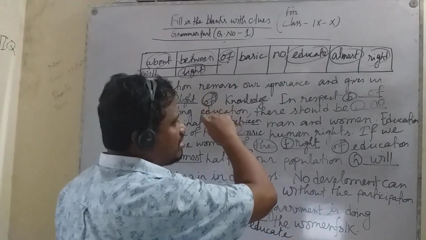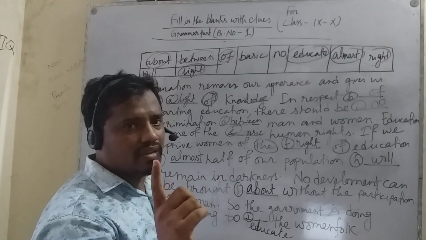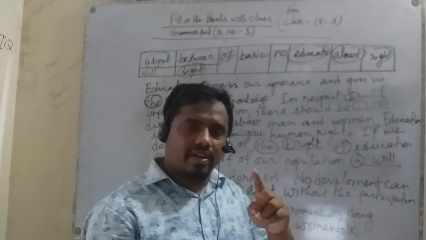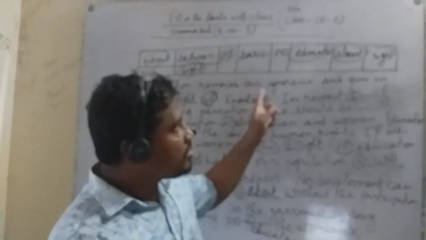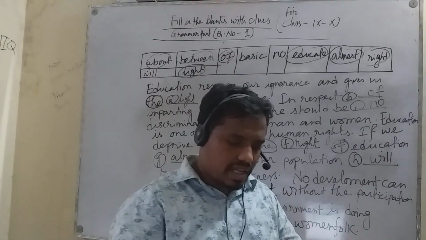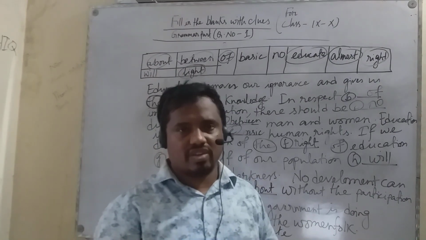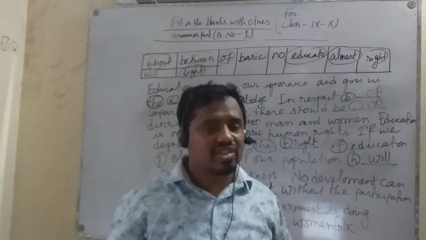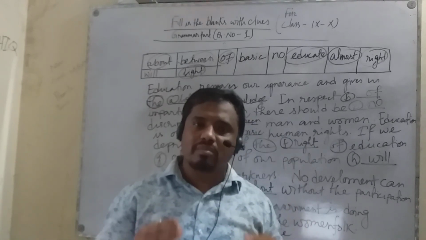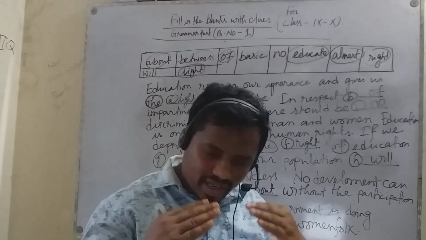If the meaning of the sentence is not clear to you, then you have to be careful that it may be wrong. In that case, read the sentence again and try to put the right word in the right place. It is only practice that can help you in this regard. As we all know, practice makes a man perfect. So I think you will practice more and more, and it will be very beneficial for you all.